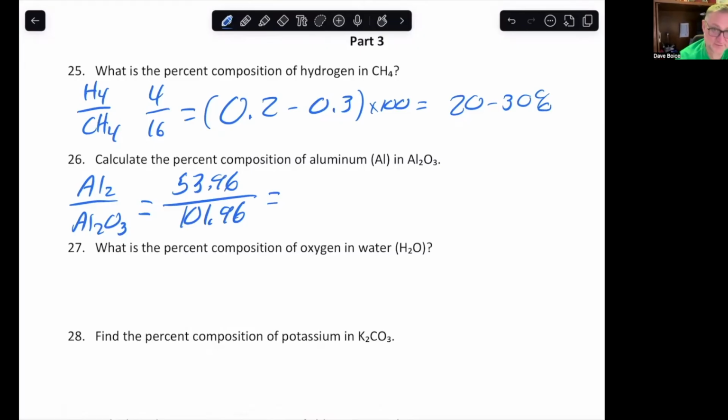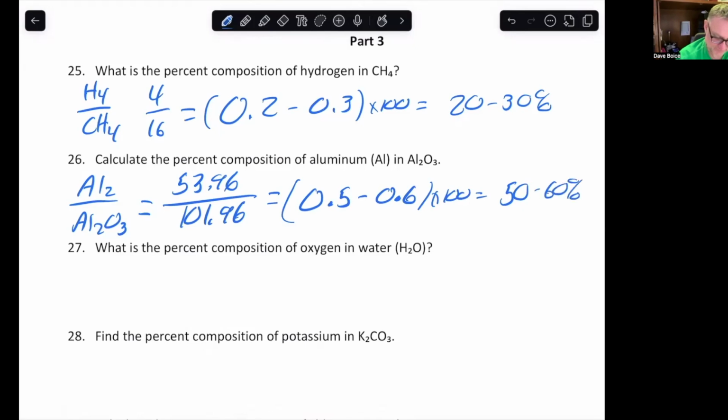That is going to be somewhere about 0.5 to 0.6, times 100 equals 50 to 60%. Make sure when you're looking at these, you know the number you expect. 50 divided by 100 is about 0.5, so that's about the answer I would expect, somewhere around 50.